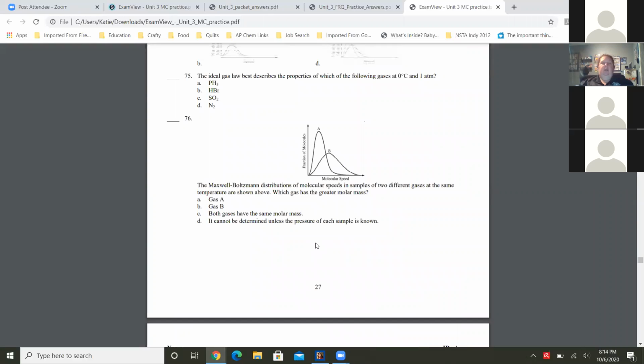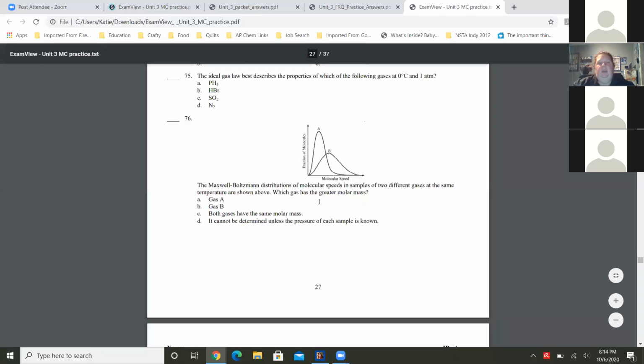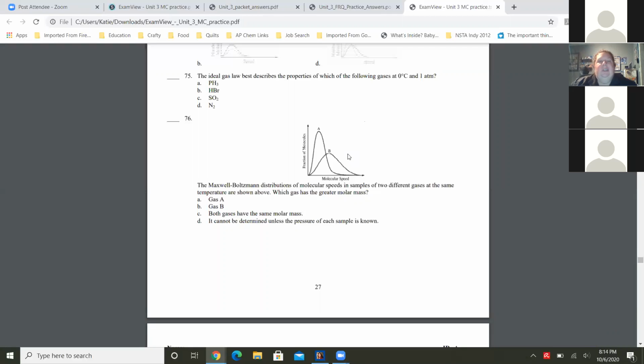76. All right. So we've got Maxwell-Boltzmann distributions of two different gases at the same temperature. So gas A and gas B are at the same temperature. We want to know which gas has the greater molar mass.